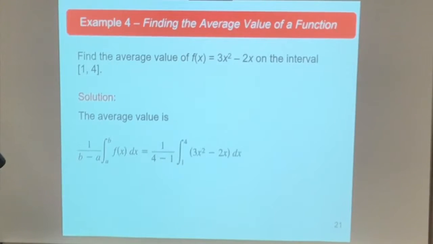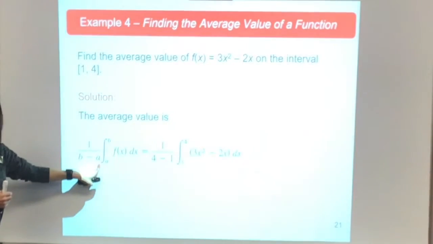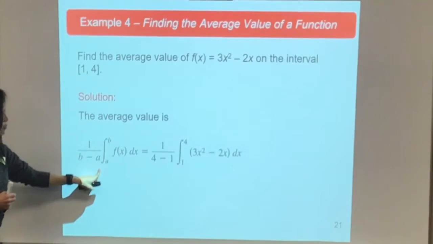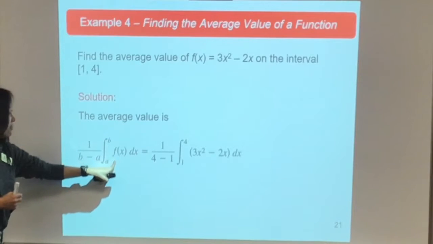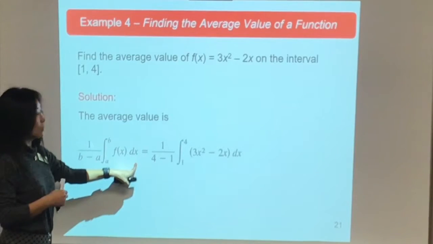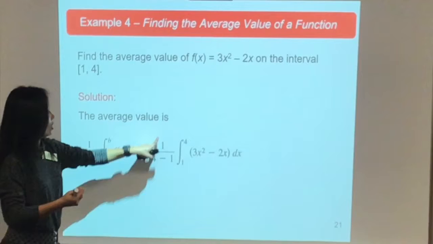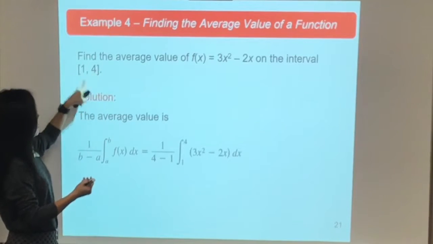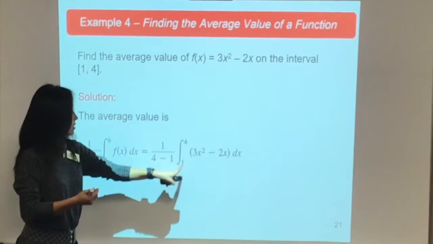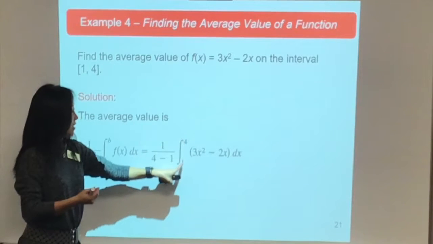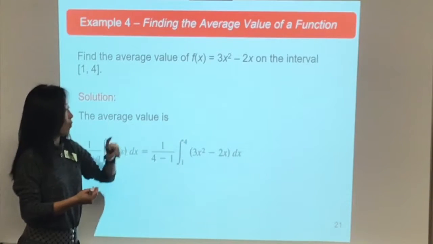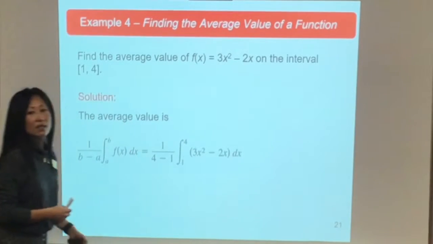If I'm looking for average value, that means I do 1 over b minus a, that's my width, and then the integral from a to b, f of x dx. Plugging into my formula, I get 1 over 4 minus 1, and my limits start at 1 and end at 4, and this is my function.